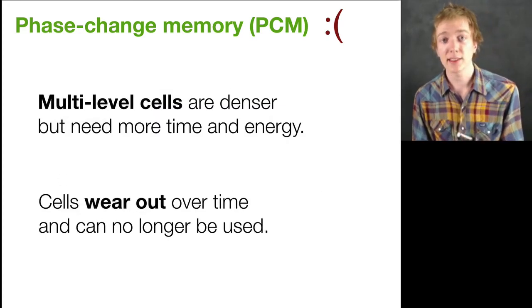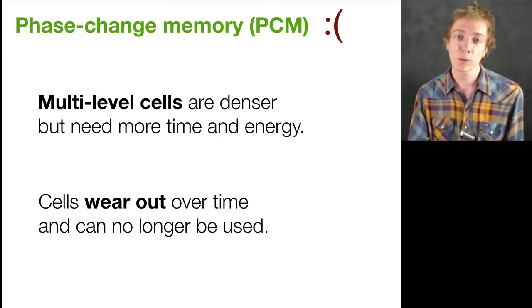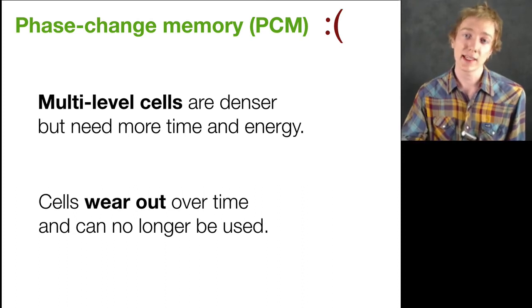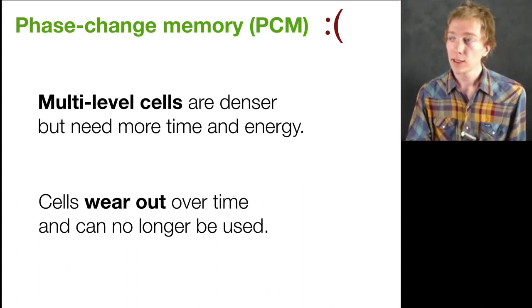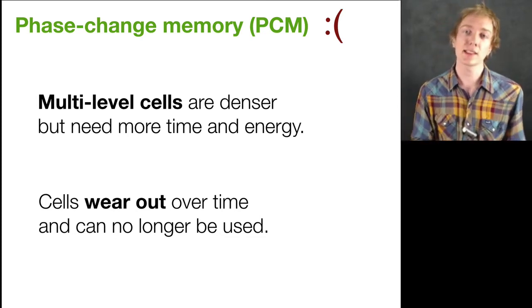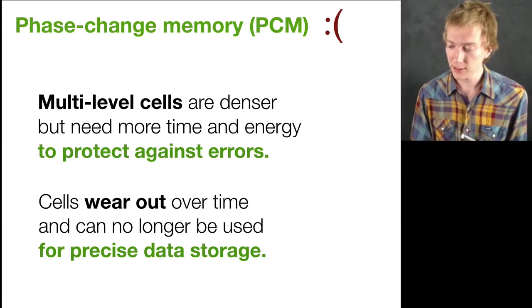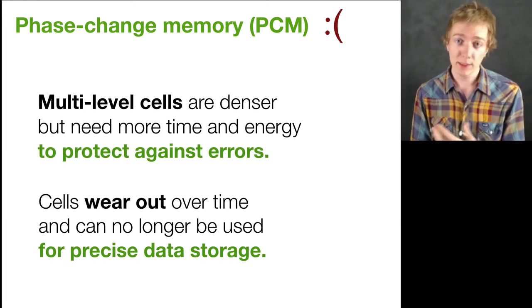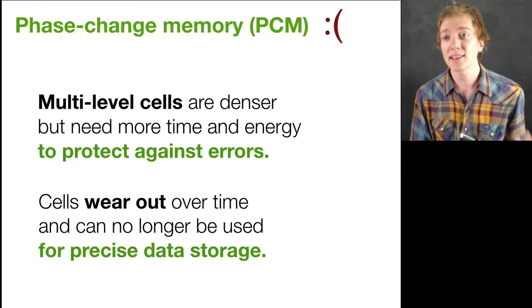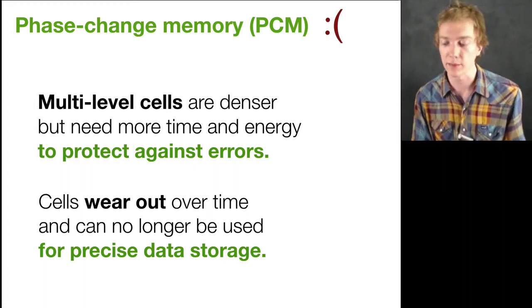That PCM is not quite fast enough, especially in the high-density multi-level cell configurations, and that cells wear out over time, and those cells can't be used for precise storage. But because I'm an approximate computing person, when I look at these constraints, I don't see hard constraints. It's possible to think of these as trade-offs with accuracy. In particular, PCM can be slow to access if you need the storage to be completely precise all of the time.